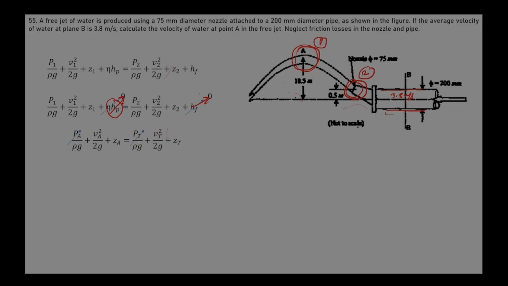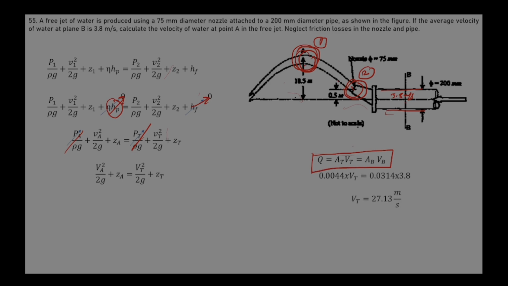This is totally in the atmosphere, so both pressures will be the same, and this and this will cancel. Now we have to find VA. For that we have to find VT. VT is the throat velocity, VA is the velocity at A. So using the continuity equation, everything is given, we can find VT.